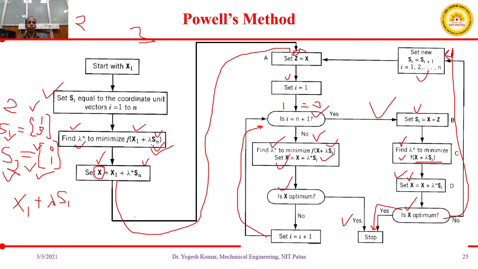You will try to get the value of lambda in such a way that f(x1 plus lambda Sn) is minimized.